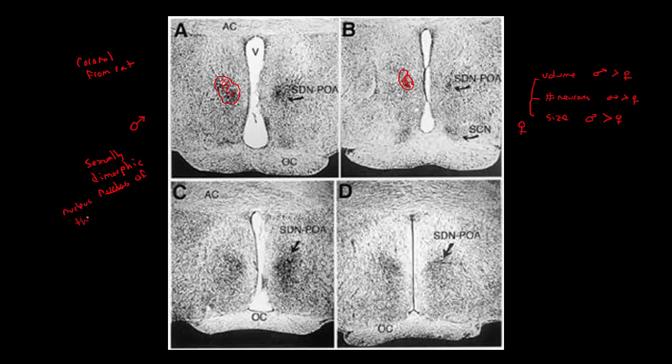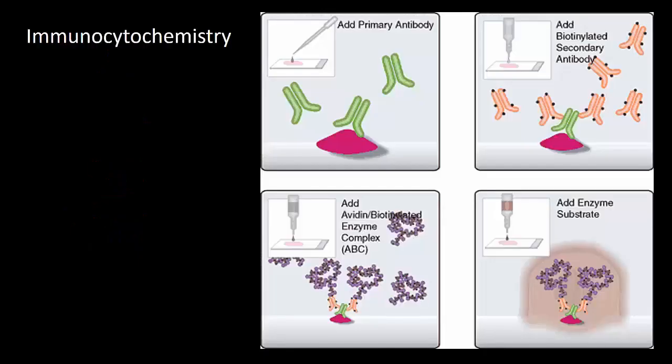You can see why we call it SDN. And really we should also add of the hypothalamus. Okay. But we can see that it's larger in males than females. And if we're going to look for function, it might be a place where we want to look at behaviors where males and females differ, because the volume of the nucleus is different between the two. Okay, that's something we can do with Cresyl violet staining here.